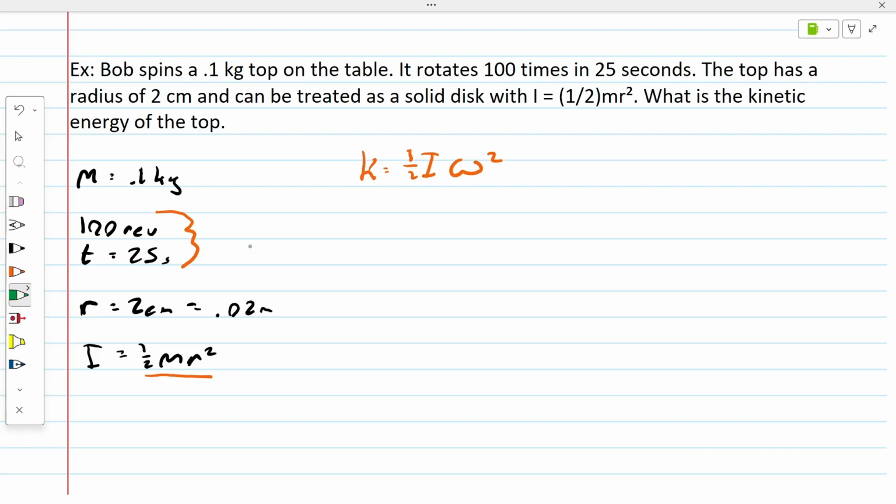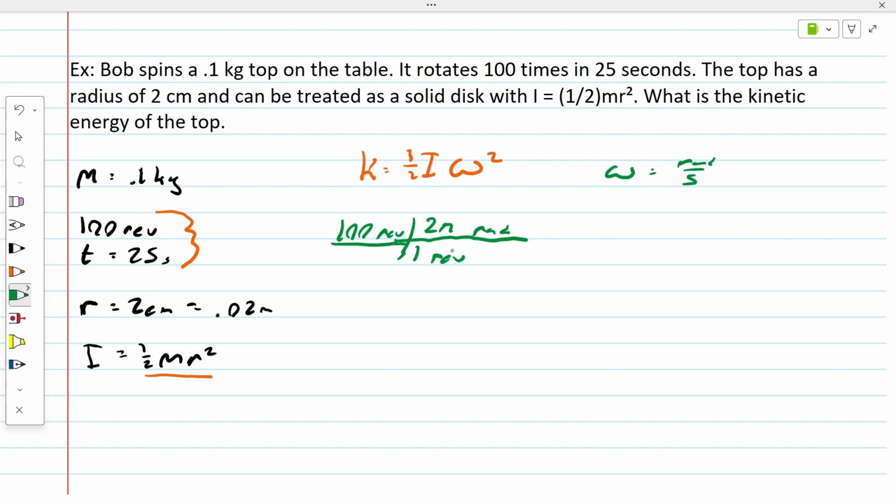We want to find this in radians per second. We have that it did 100 revolutions, and we can create a table with the conversion. We know 1 revolution is 2 pi radians, since 2 pi is around a circle.